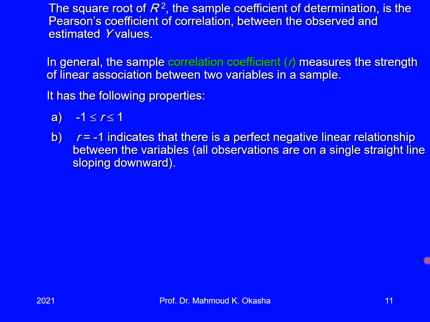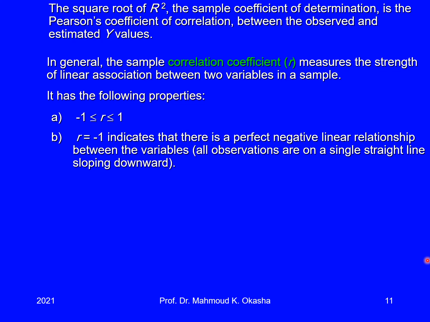and can be -1, which indicates a perfect, but negative, linear relationship between the variables. In general, if the correlation coefficient is negative, then the relationship between the variables is negative. If it is exactly -1, the observations are on a straight line sloping downward.